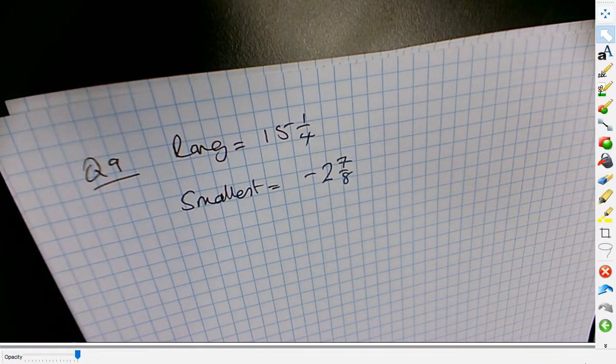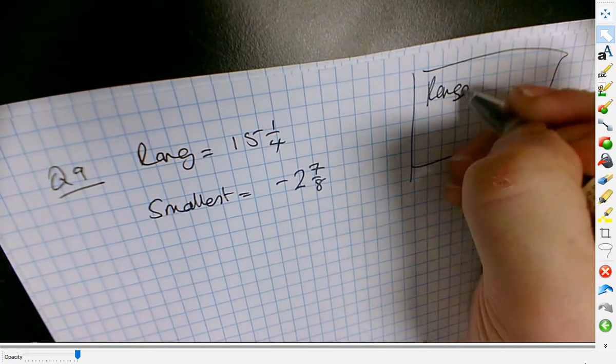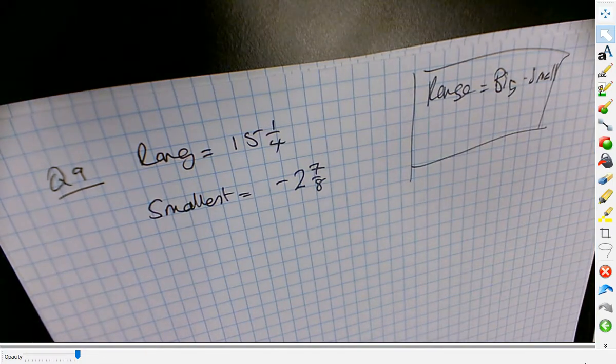Okay, so let's think about what normally happens. This question's weird because there's fractions involved as well as the word range. Let's just think for a second how we would do it if it was whole numbers. If they gave me whole numbers, I know that the range is biggest take away smallest.